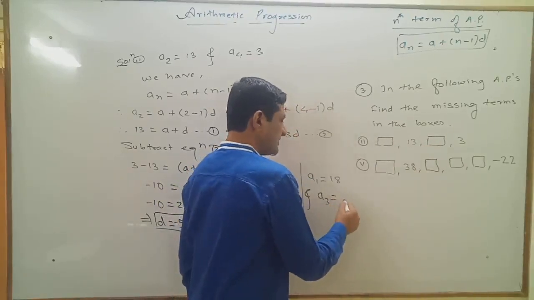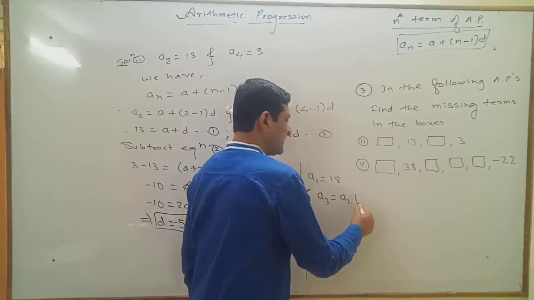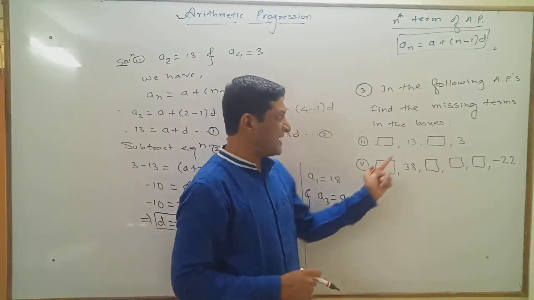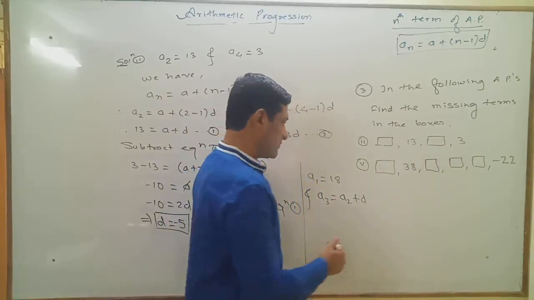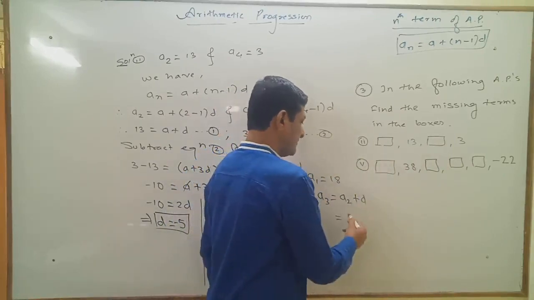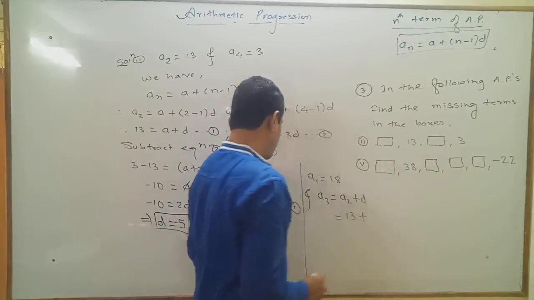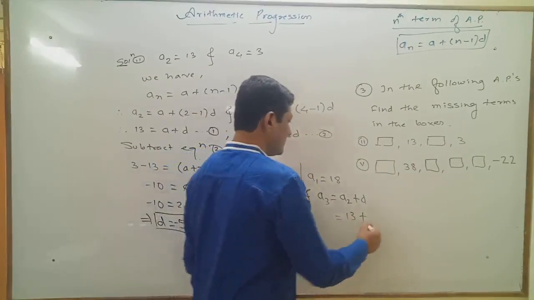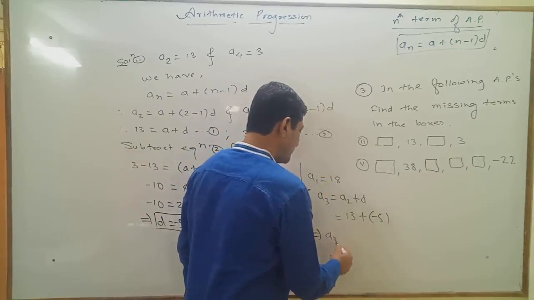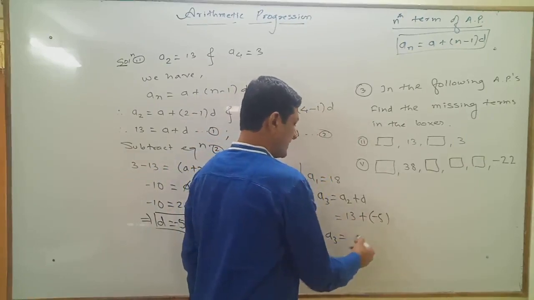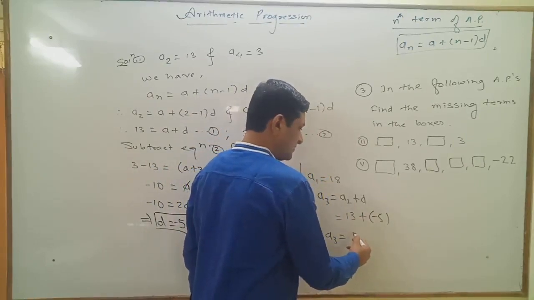Can I say that it is A2 plus D? If we add D to the second term, we will get the third term. The value of the second term is already given, 13, plus D. Just now we got D equals minus 5. So this implies that A3 equals 13 minus 5, which equals 8.